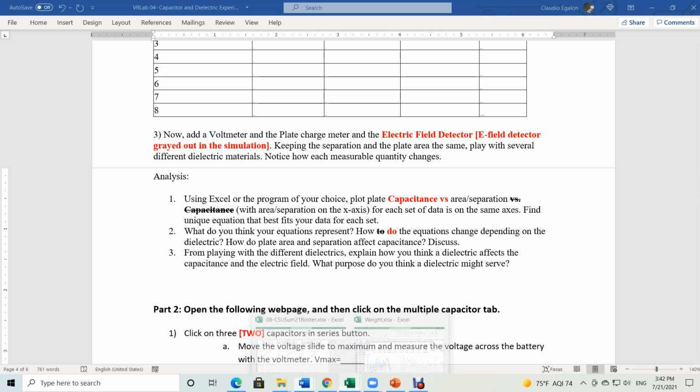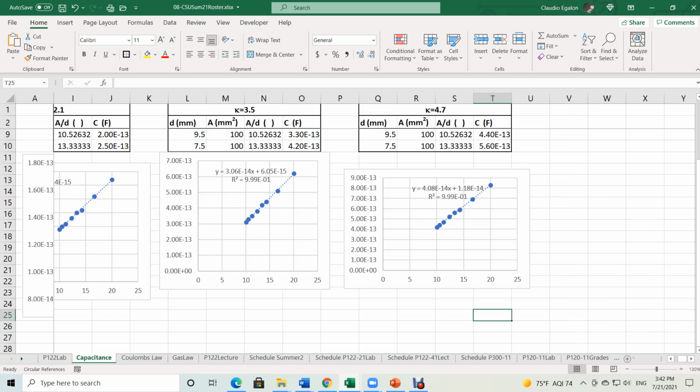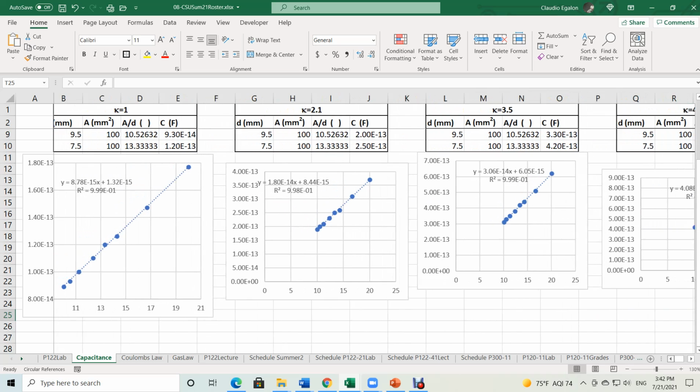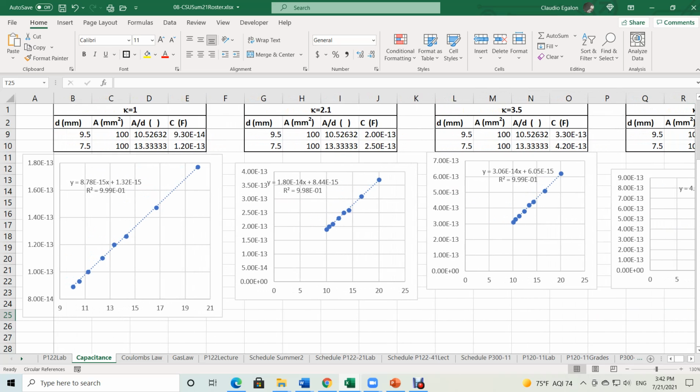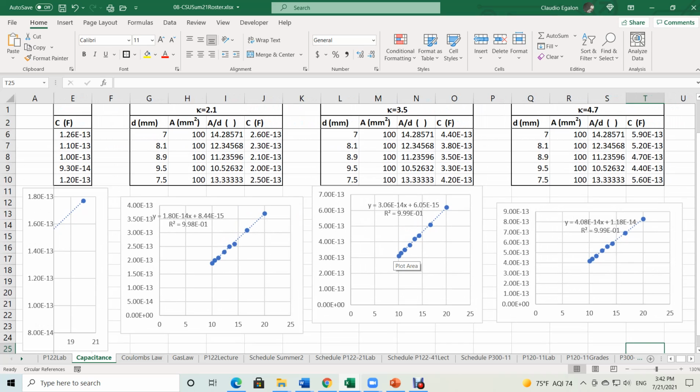Which dielectric is the higher? Let's take a look. Okay, dielectric is increasing from the left to the right. What's happening to the slope? The slope is increasing, right? Increase here, almost, no, it didn't double. It is increasing. The slope is increasing with the dielectric, which is expected, right?